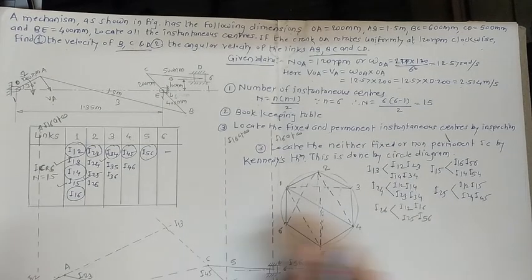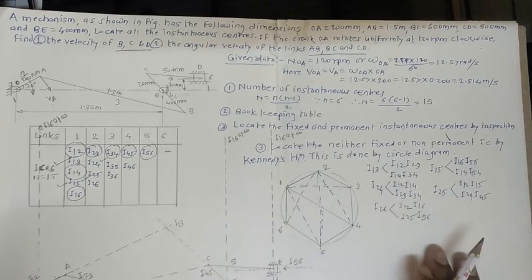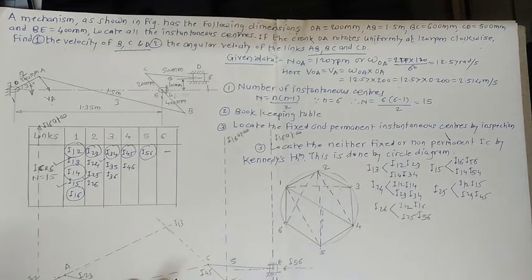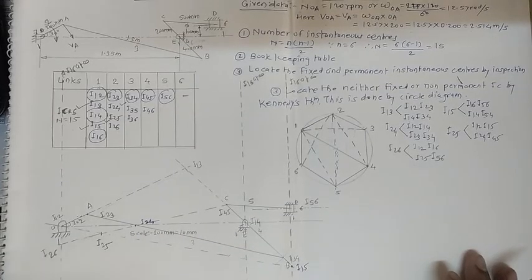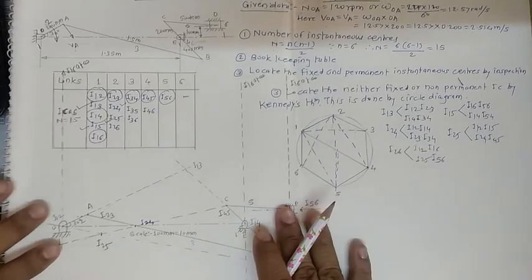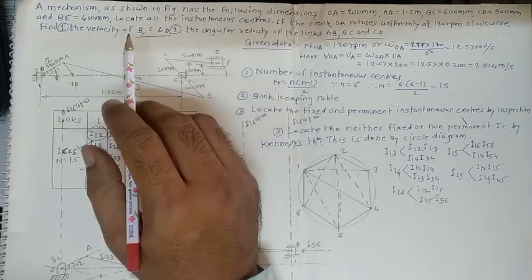According to the information required, you should plot these instant centers. It is not necessary to plot all the instant centers, that would actually be a waste of time. So as far as the linear velocity of the BCD point is concerned, we'll do the calculation with respect to that.